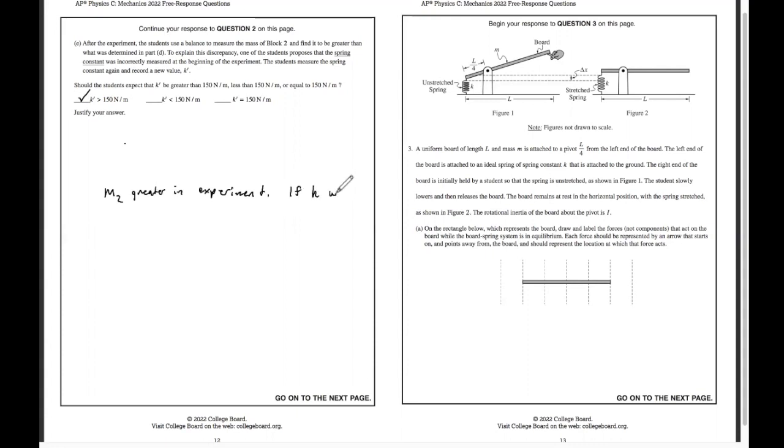So if k was incorrect, then we would expect that, because m2 is proportional to root k, k prime is greater to yield greater accuracy.